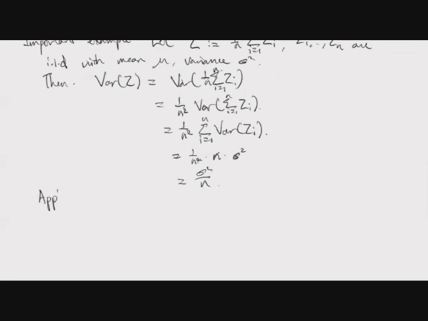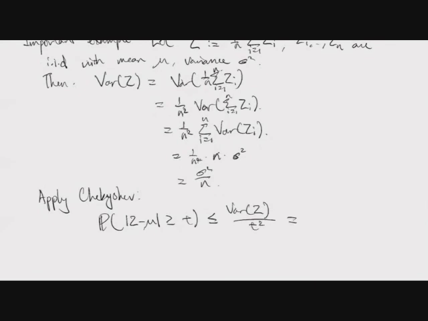And so after doing some cancellations, this is going to be sigma squared divided by n. Okay, and now we apply Chebyshev's inequality, and we get that the probability that |z minus mu| is bigger than t is less than the variance of z divided by t squared.